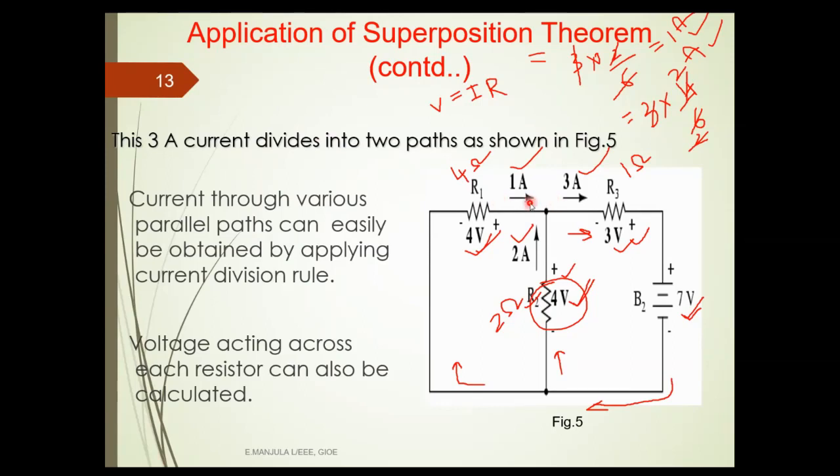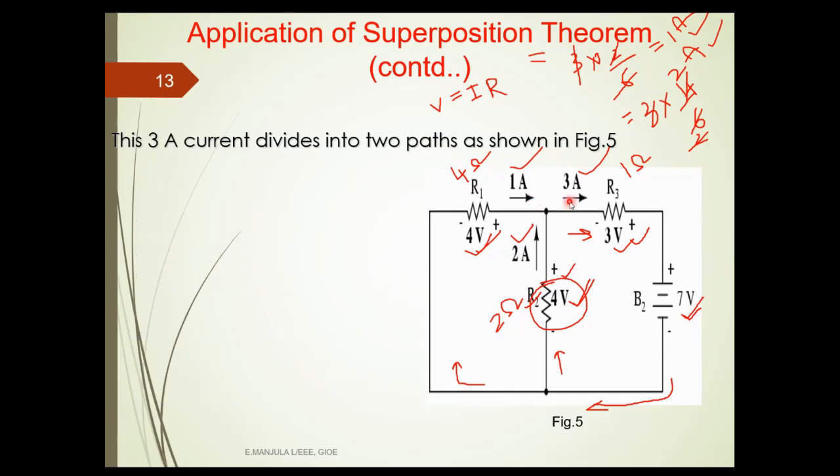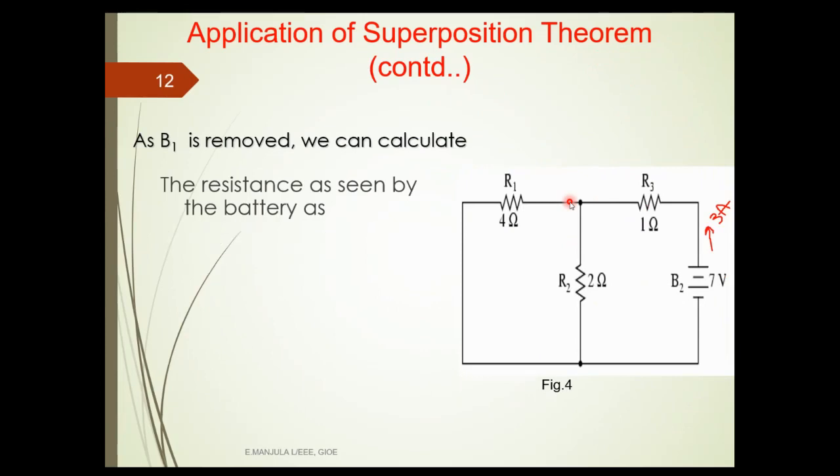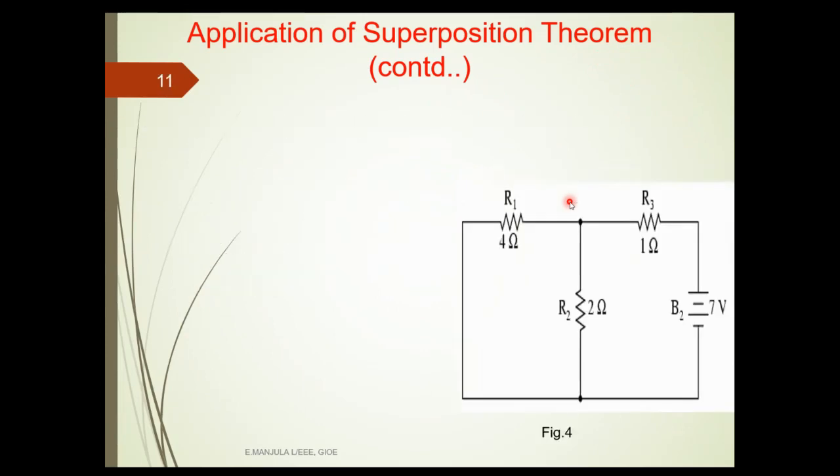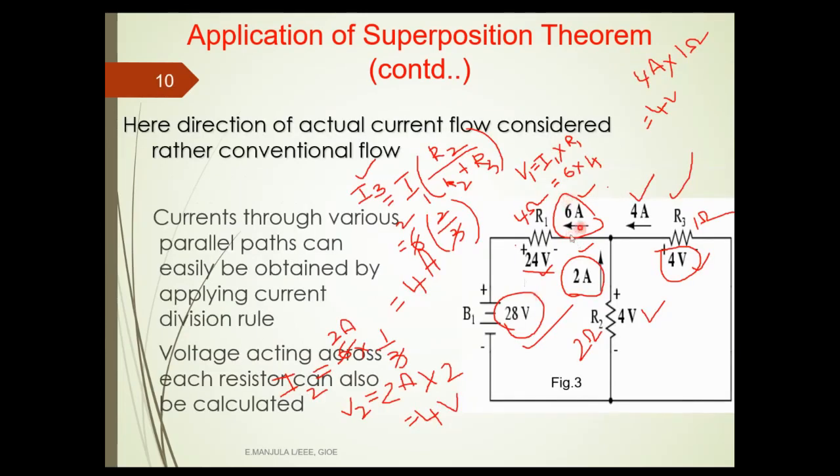You observe the direction is to the right side. Likewise, here this is 6 amps to the left side. So both are in opposite directions. So the total current is 6 minus 1 amp.